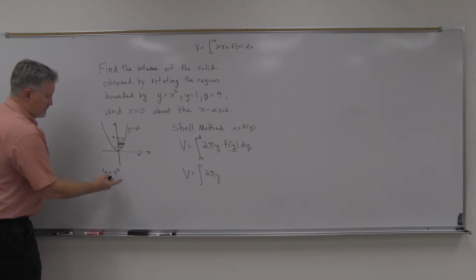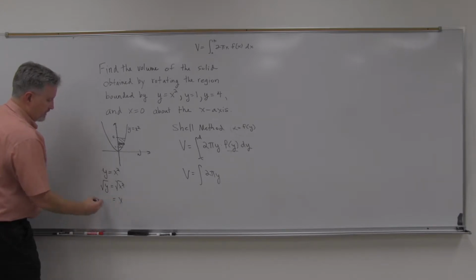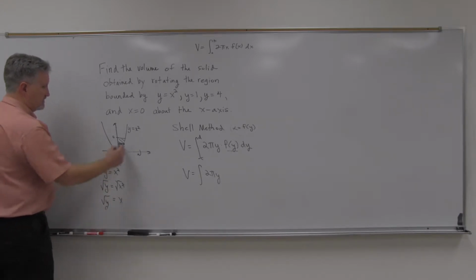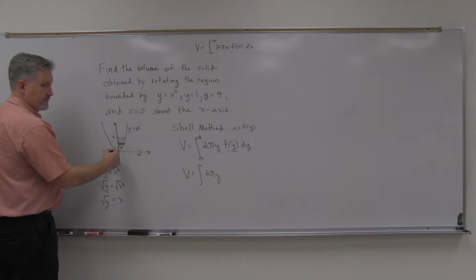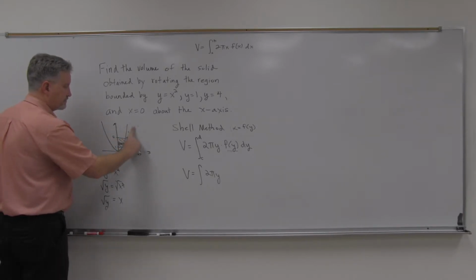If I take the square root of both sides, that gets rid of the square. So instead of y equals x squared, we could call it x equals the square root of y.